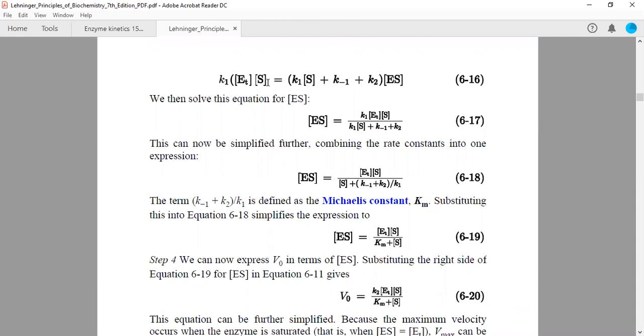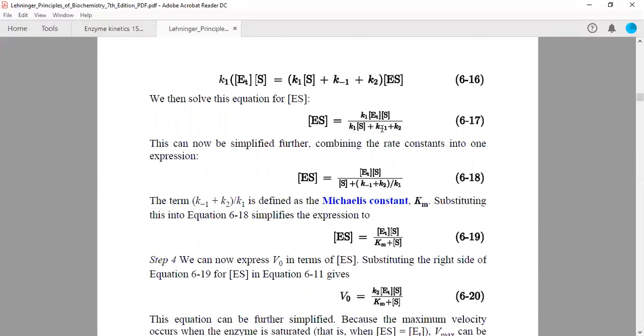Fine. If you are able to understand up to here, now it is very, very easy actually. You will take this on this side, and the rest of this portion you will move to that side, where it will go into division. So K1 ET into S, which is this term, will be divided by K1 into substrate concentration plus K minus 1 plus K2.